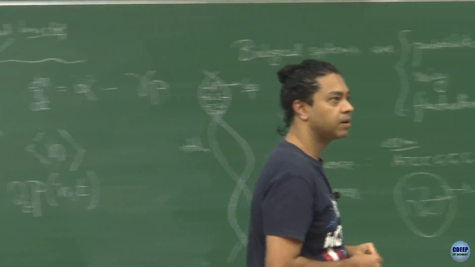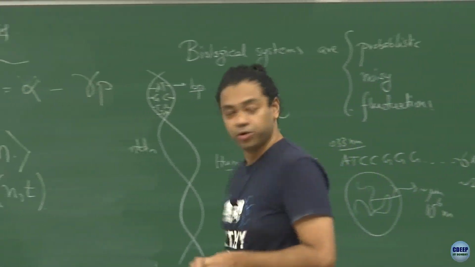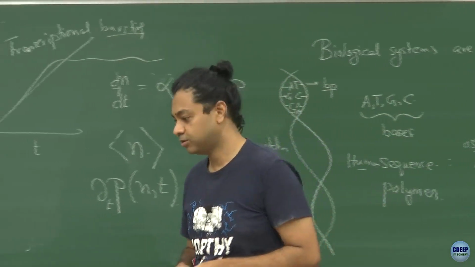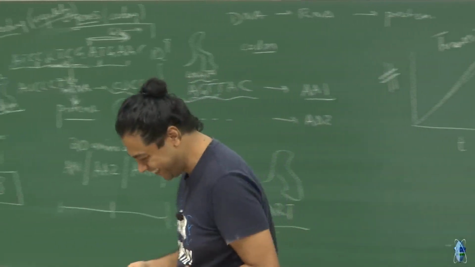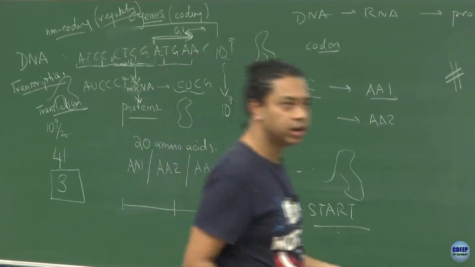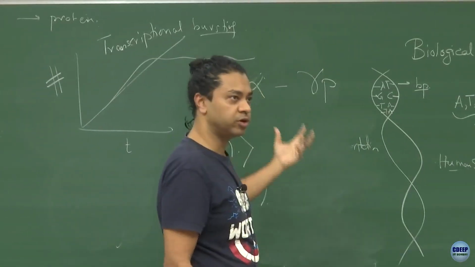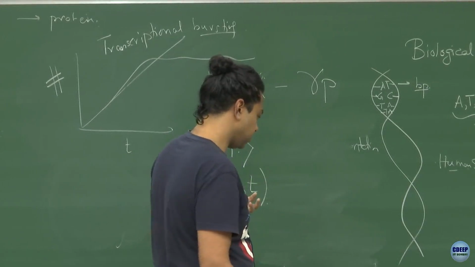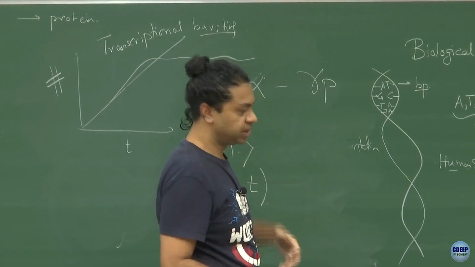Sir, what are the functions of the proteins produced? What do proteins do? They do everything. Whatever you think a cell does, anything a cell does is done through proteins. For example, it needs to take in nutrients from outside the cell to inside, and that is done through proteins.